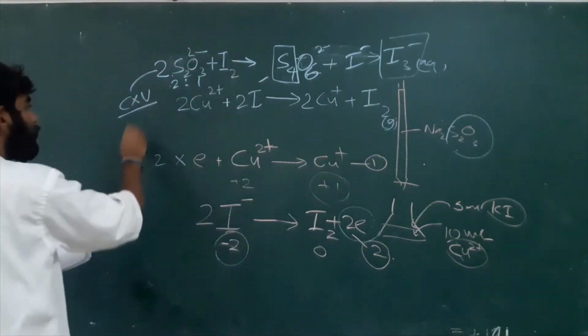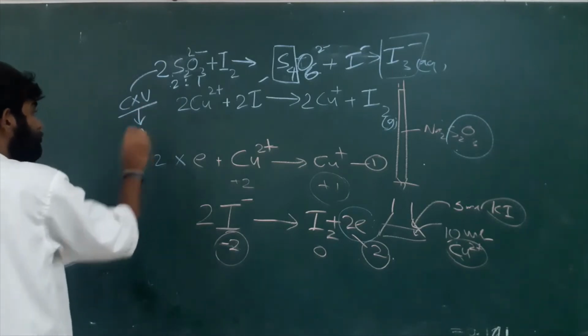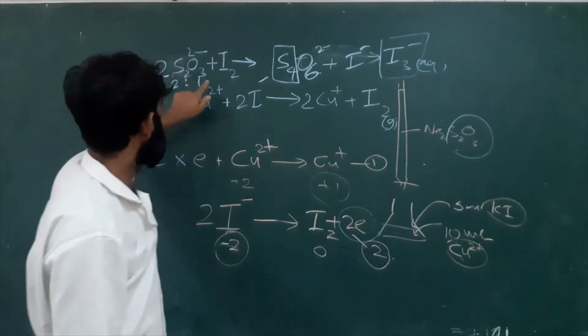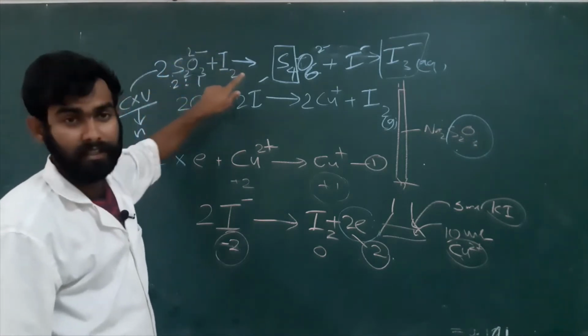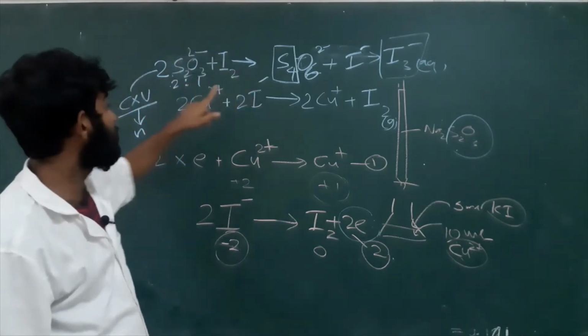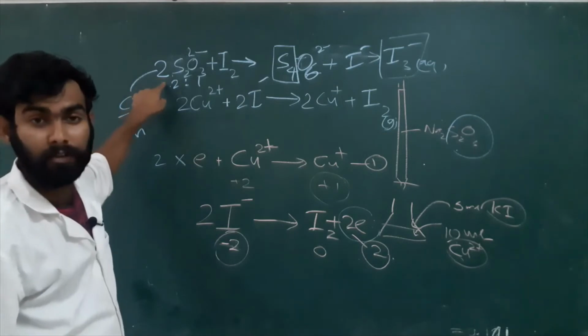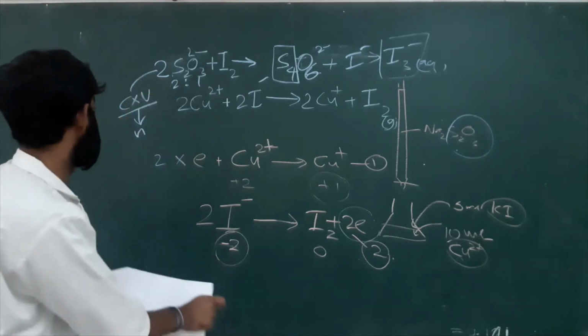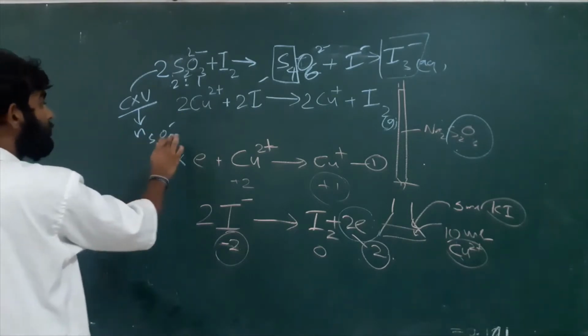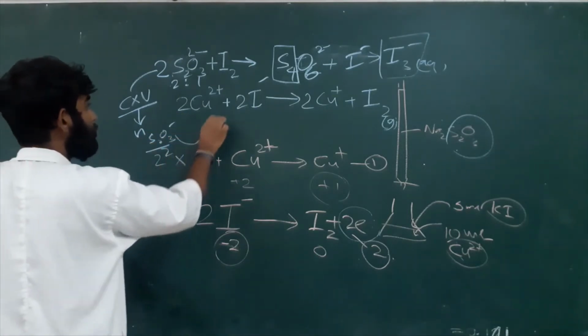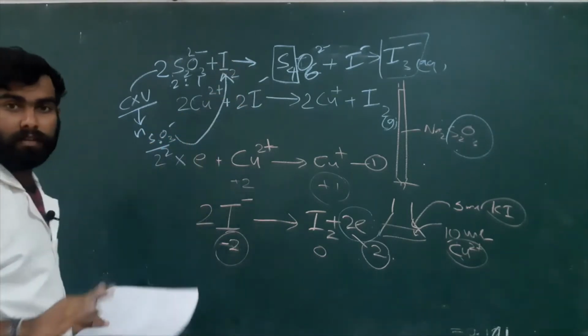So we will get the number of moles of sodium thiosulfate. The iodine number of moles will be equal to half of the sodium thiosulfate moles. So here, the S2O3 2- moles, we have to divide by 2, and that will equal the iodine number of moles.